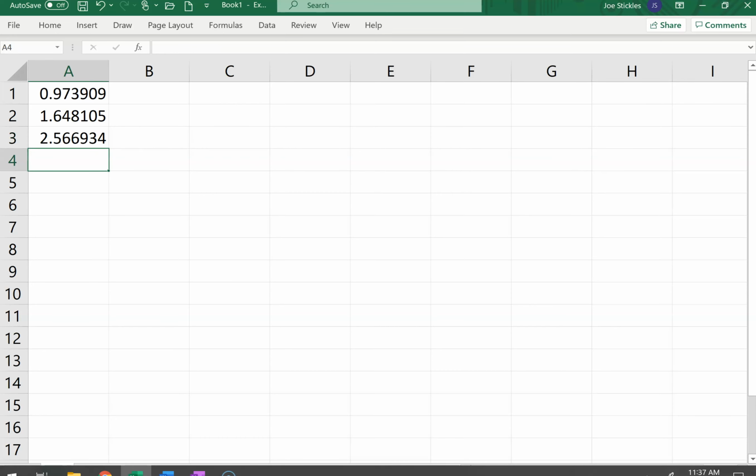So we get 2.566. Yeah, it'll be in the table. If you look in the book at the table, if you go down the t.01 column and go to the 17 row, you get 2.567.